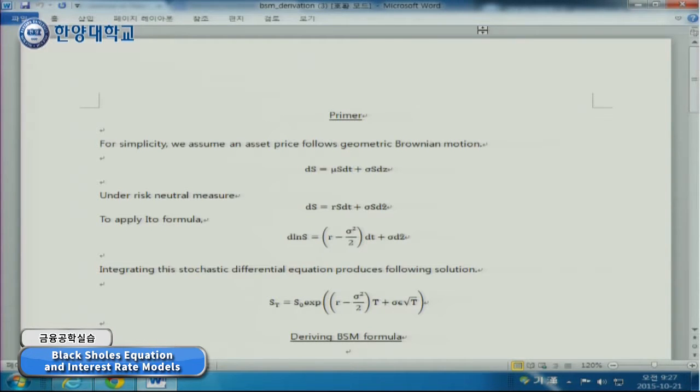For the sigma dz hat term, if we integrate it from 0 to big T, it becomes zT minus z0. Because z0 is 0, zT is epsilon root T, right? So under the risk neutral world, when the current stock price is given as S0, the price at maturity should follow this distribution.